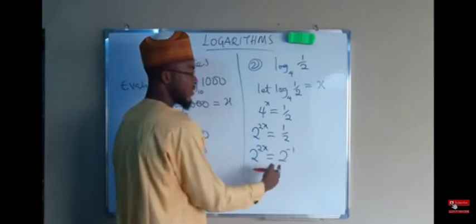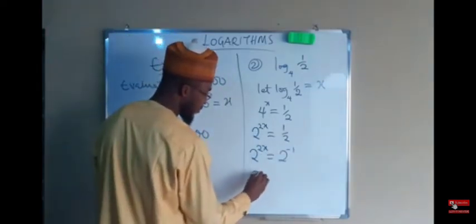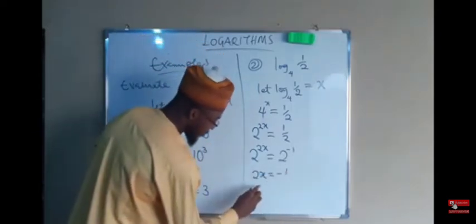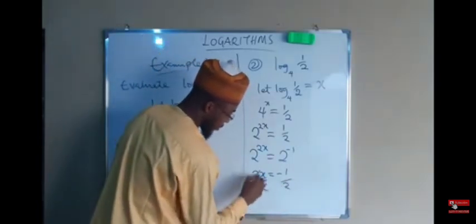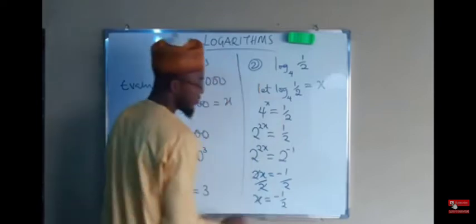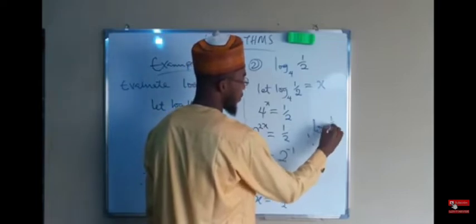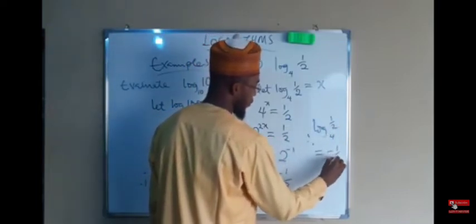These are the same thing, so you equate the powers. 2x equals negative 1, and by dividing both sides by 2, x equals negative 1 over 2. Therefore, the log of 1 over 2 base 4 equals negative 1 over 2.